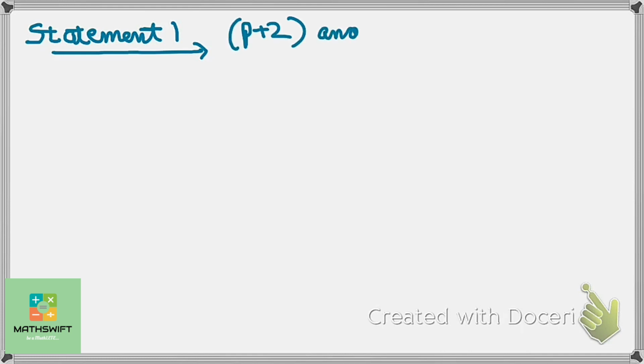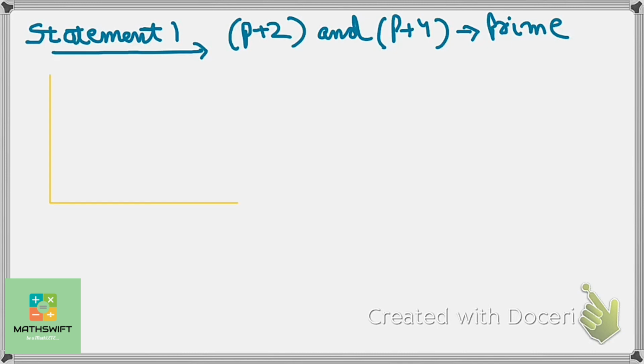Let's consider statement 1 first, which says that p plus 2 and p plus 4 are both prime. Now as long as we do not violate this condition, we can assume p to be any positive number. So let's draw a table here.